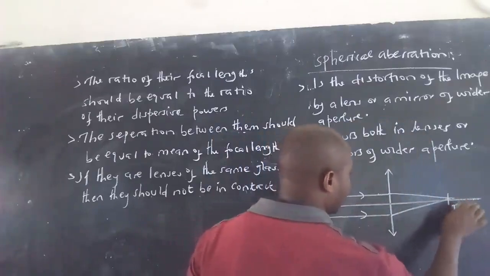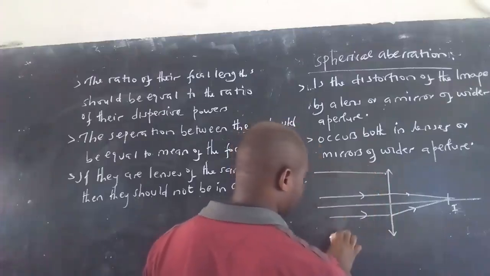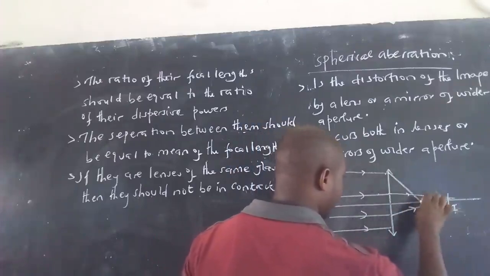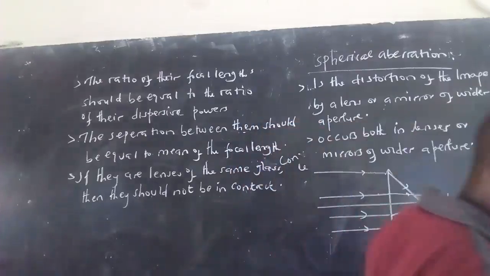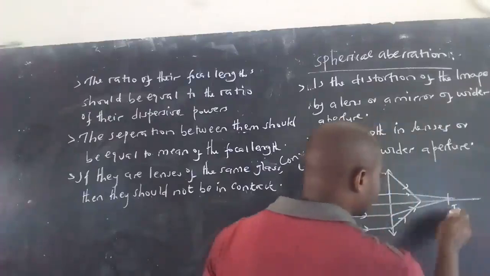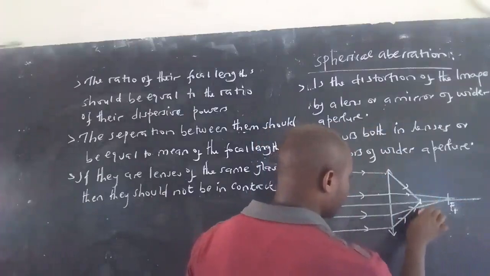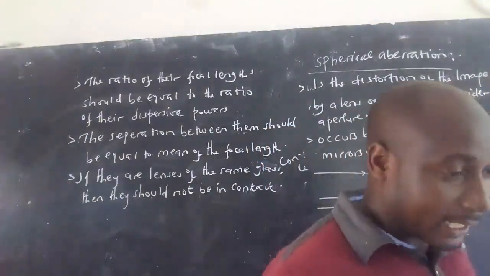We can put some image 1. Then we have marginal rays, they converge here. So we can call this one F1 for these rays, and this one F2.